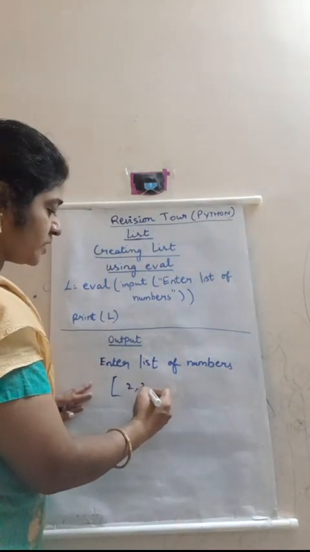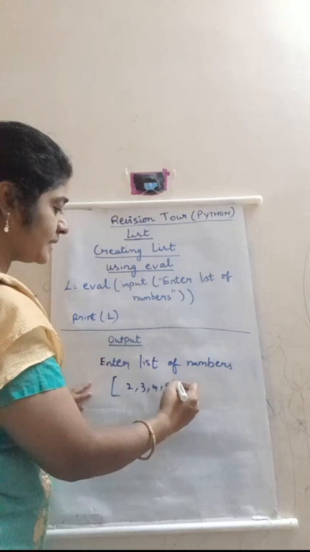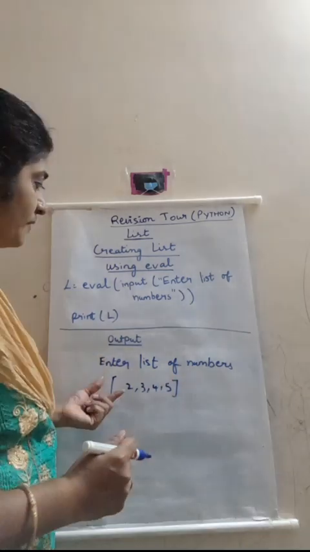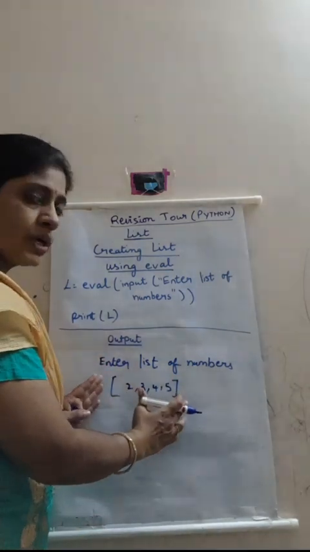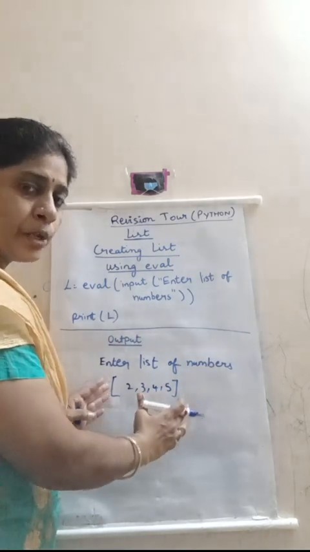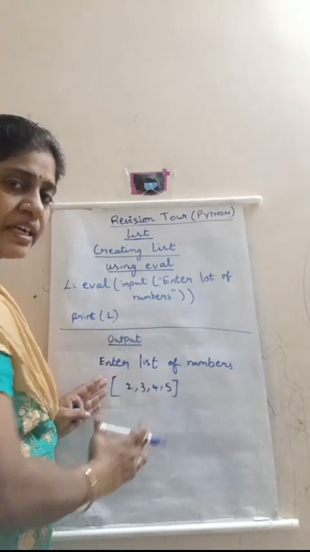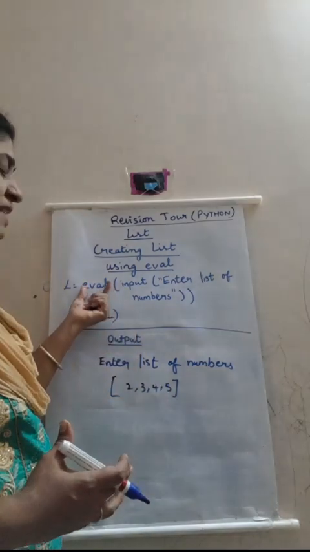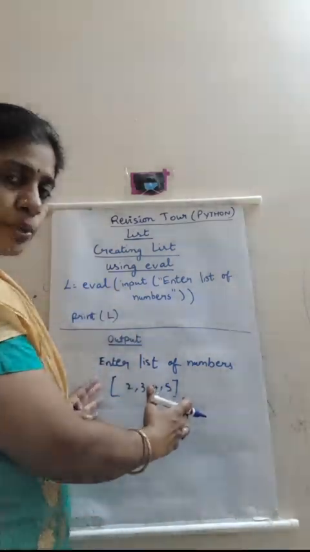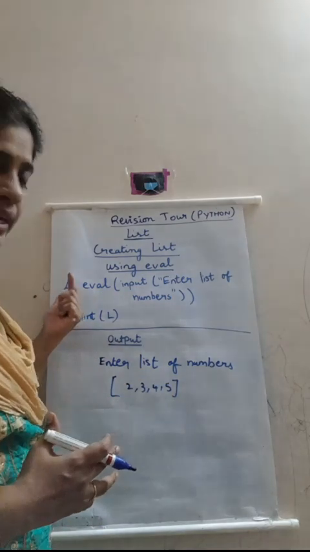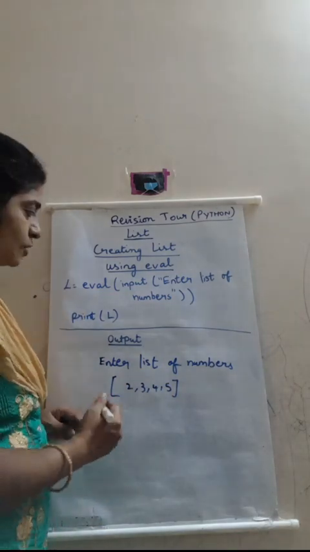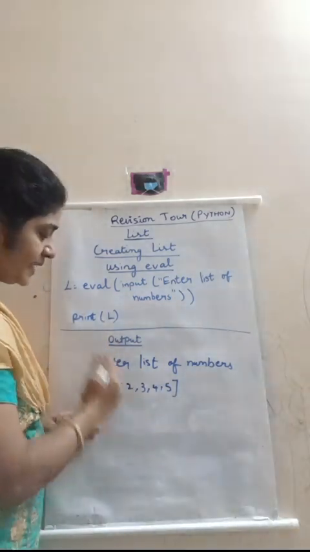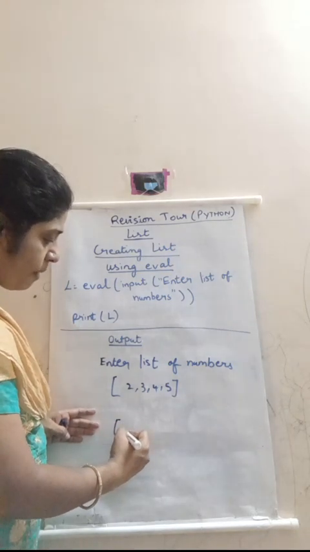If I enter 2, 3, 4, 5 like this list, this list will get converted into Python code. This string will be converted into Python code, that is, it will be converted into a list. Eval will convert this string into Python code and store it in L. And when you print L, the output would be in the form of a list.